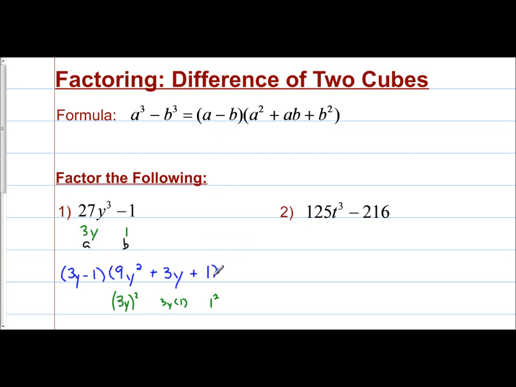So the factored form of 27y cubed minus 1 is the quantity 3y minus 1 times the quantity 9y squared plus 3y plus 1.